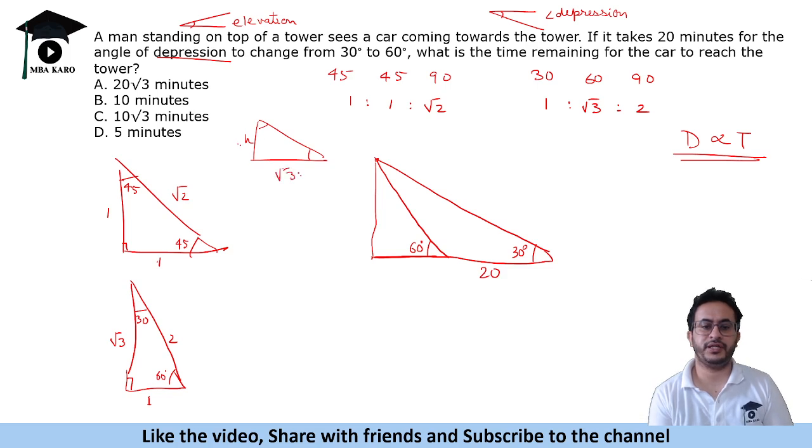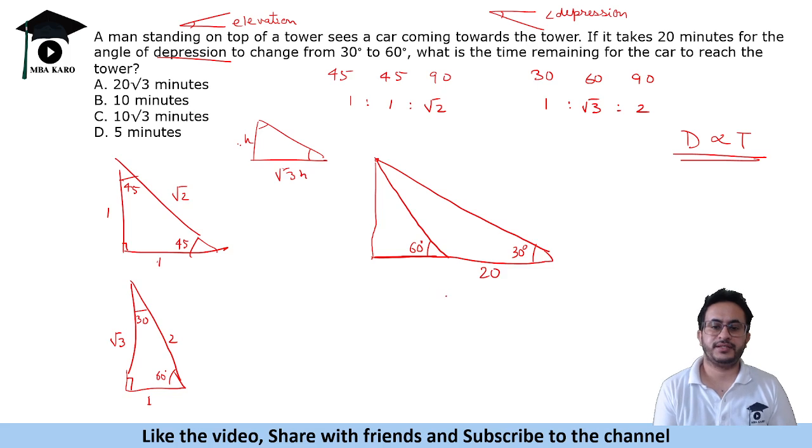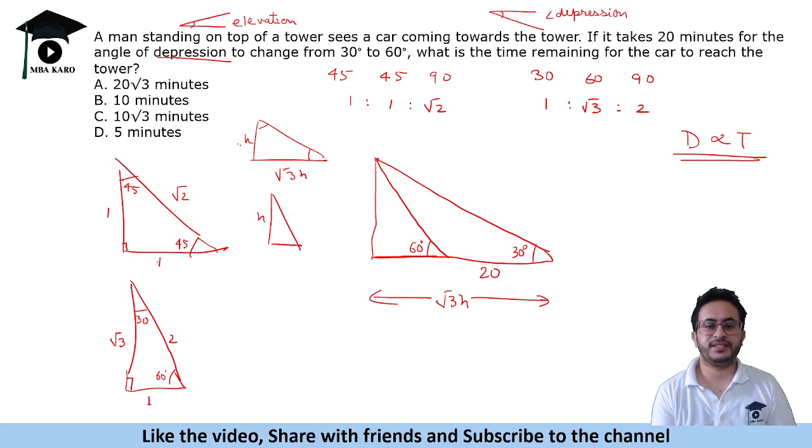So this complete side length will be root 3 h. Now when we look at this smaller triangle, this is h and the ratio is 1 to root 3. The side opposite to 30 is 1 ratio root 3, so this is root 3 times it, so it will be h upon root 3.